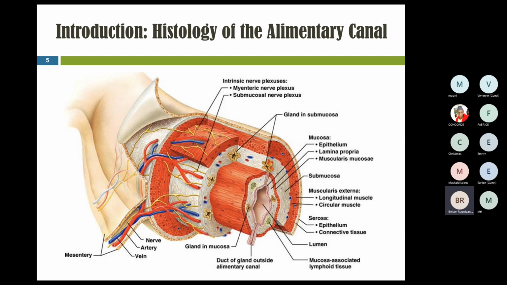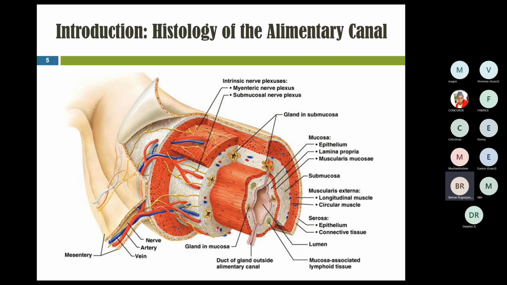So here we will separate them. The salivary glands, we shall come back to them in head and neck pathology. And then there will be another presentation on the liver, pancreas, and the biliary tract. So here we will really focus on the gastrointestinal tract, esophagus, of course, included.